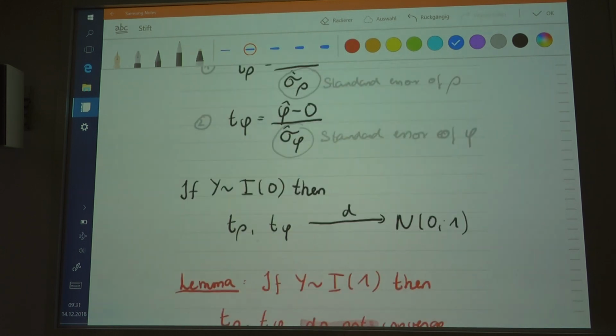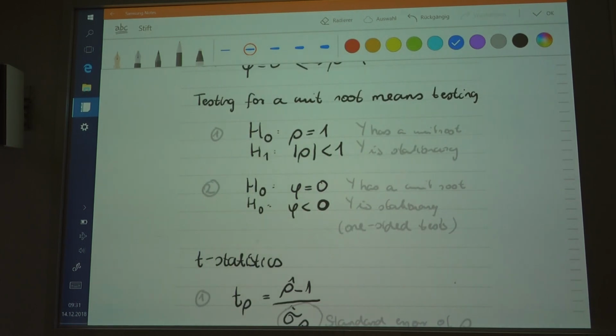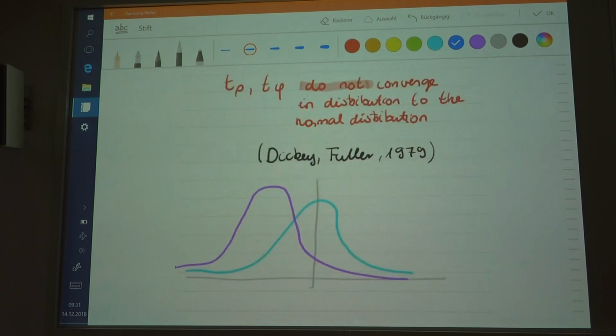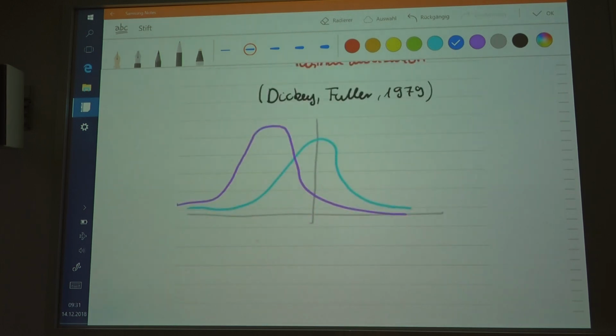This is a left-sided test, because the alternative hypothesis says that the coefficient is less than 0. So you reject the null hypothesis if the test statistic is below a certain point, let's say the alpha quantile of the distribution.